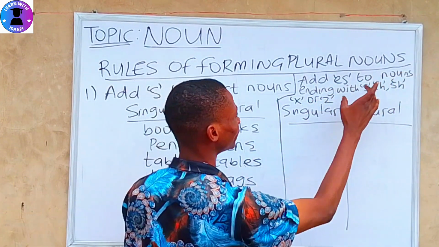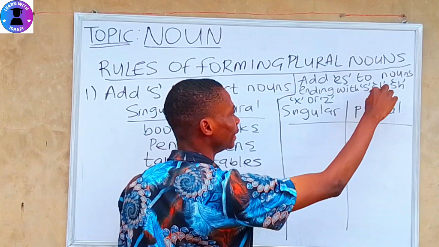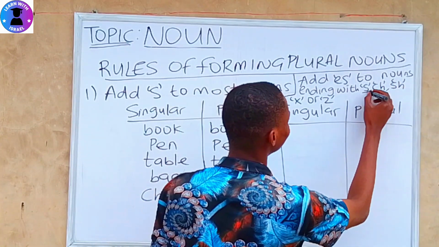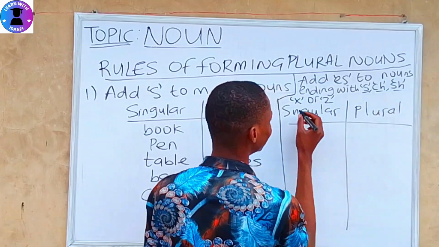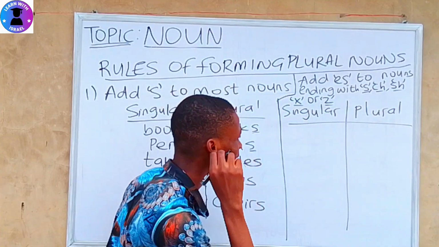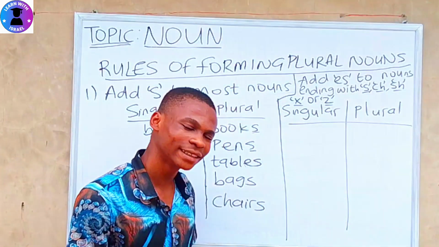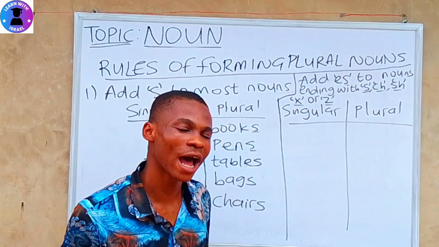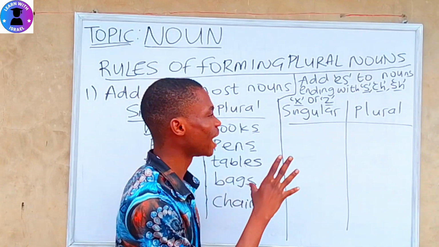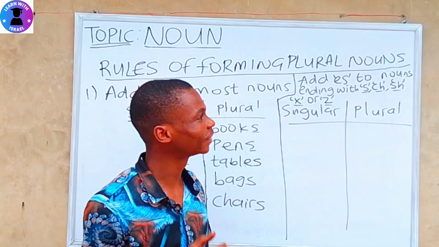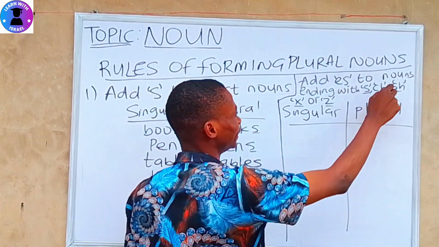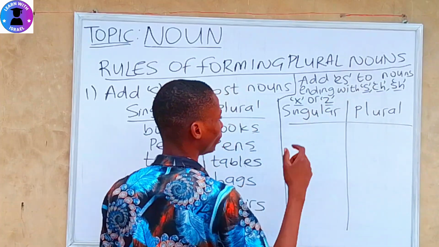Add es to nouns ending with s, ch, sh, x, or z. Jot this down, so when they ask plural questions under noun, you'll be able to answer them correctly. Add es to nouns ending with s, ch, sh, x, or z.